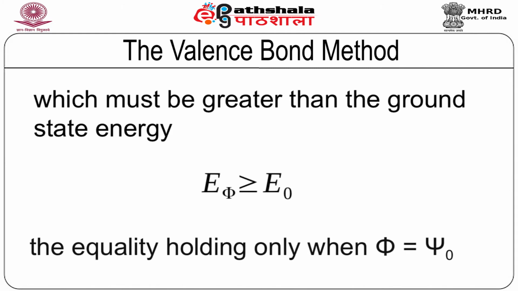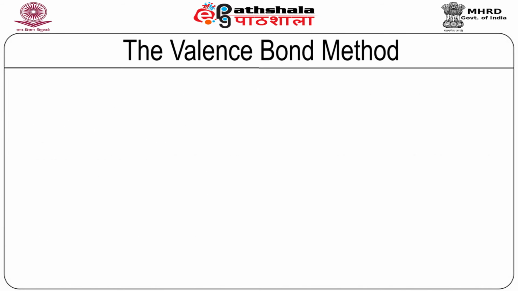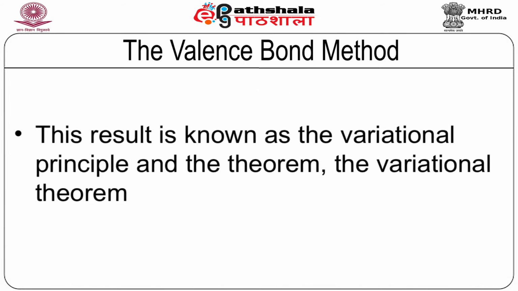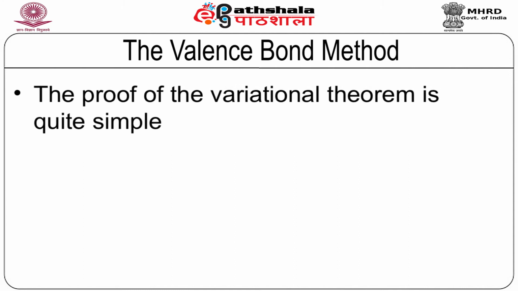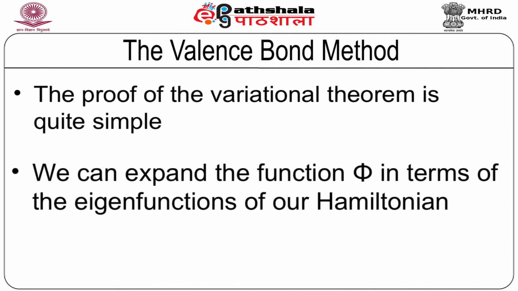The equality holds only when phi equals psi0. This result is known as the variational principle and the theorem the variational theorem. The proof of the variational theorem is quite simple. We can expand the function phi in terms of the eigenfunctions of the Hamiltonian H.